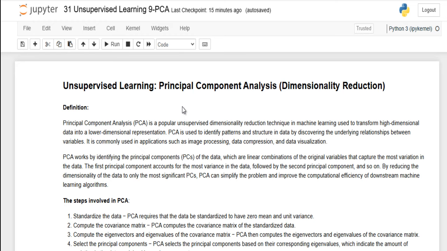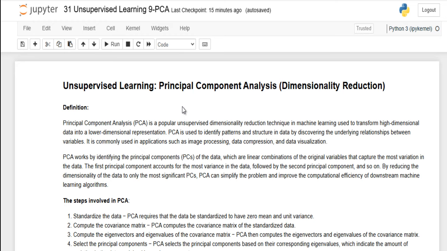It is commonly used in applications such as image processing, data compression, and data visualization. It works by identifying the principal components of the data, the PCs: PC1, PC2, PC3, and so on, which are linear combinations of the original variables that capture the most variation in the data.